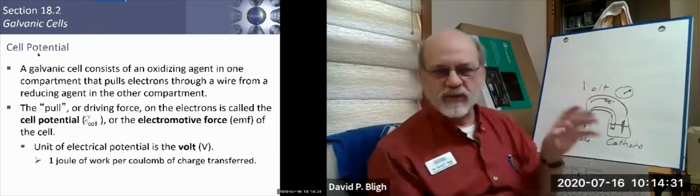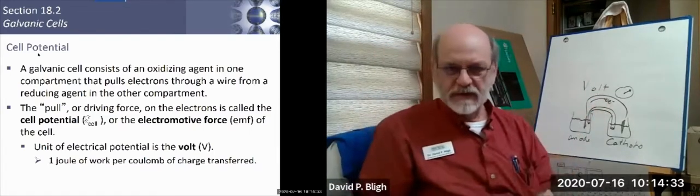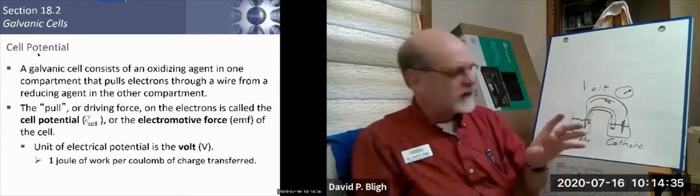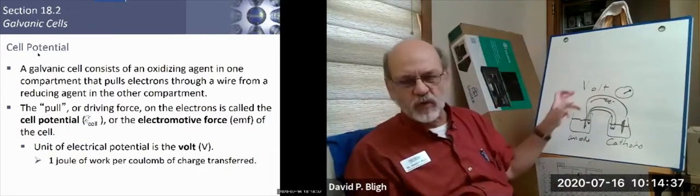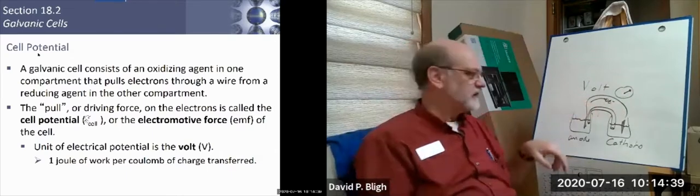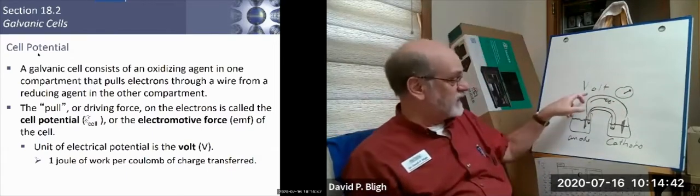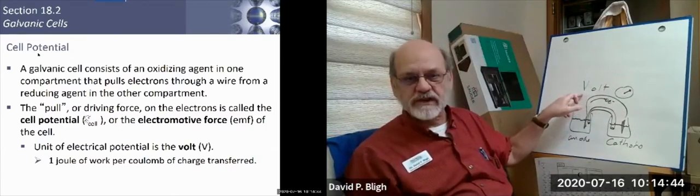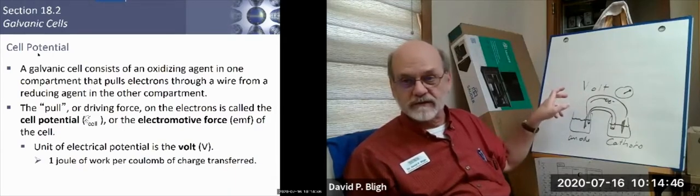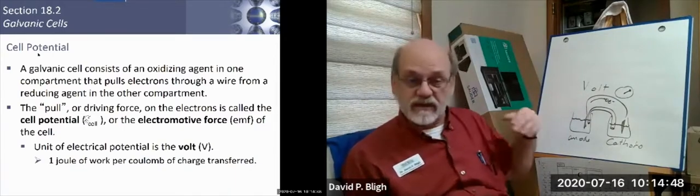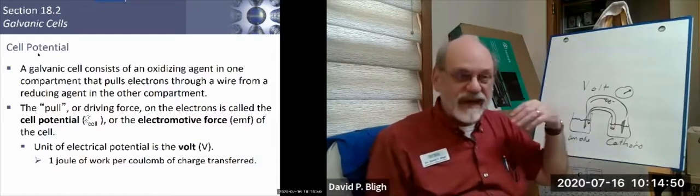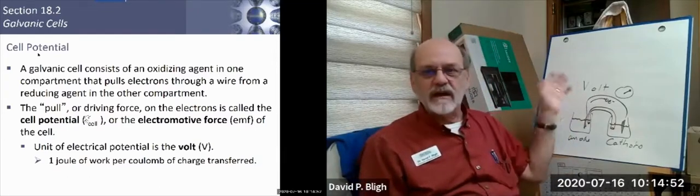That voltage represents a push. When I hear volt, I think push. Something is pushing those electrons from one side to the other. And that volt represents an electromotive force. It actually is a method of expressing a force.